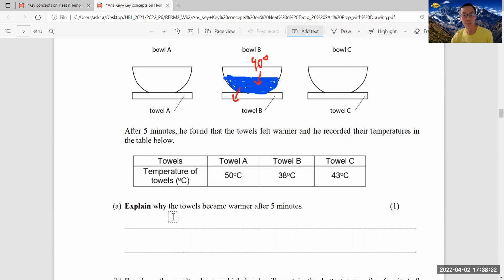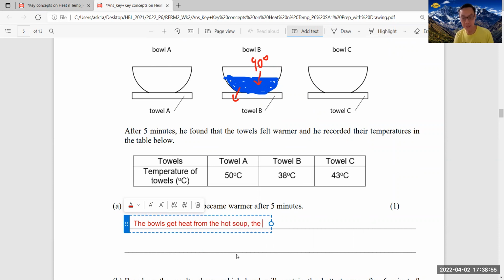Okay, so this part you say that. Explain why the towel became hot. The bowls gain heat from the hot soup.